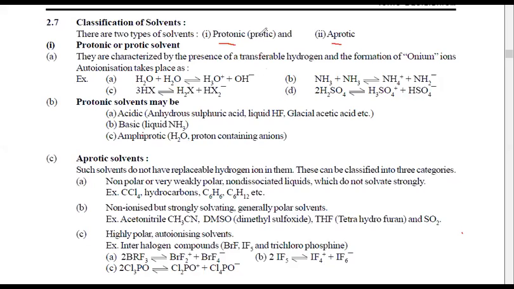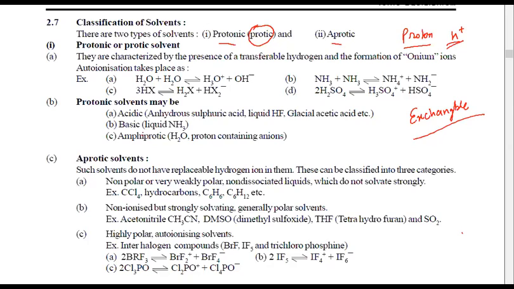Now, what's the meaning of protic? Just think about this. The word protic comes from proton, which basically means H plus. So protic solvent means a solvent which has exchangeable H plus, and aprotic solvent is a solvent which does not have exchangeable H plus.